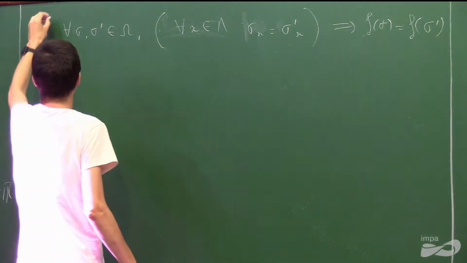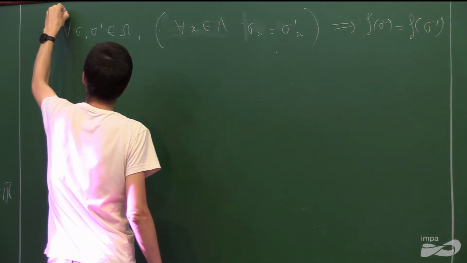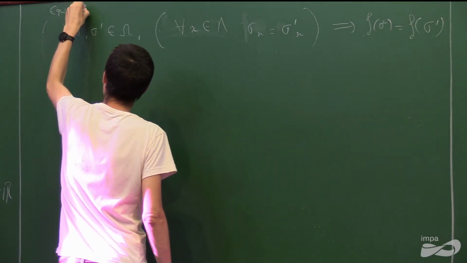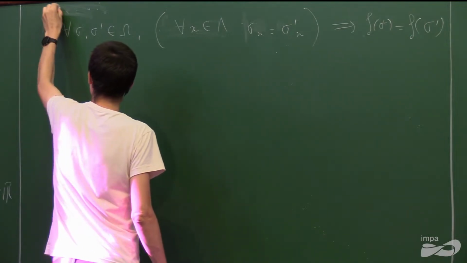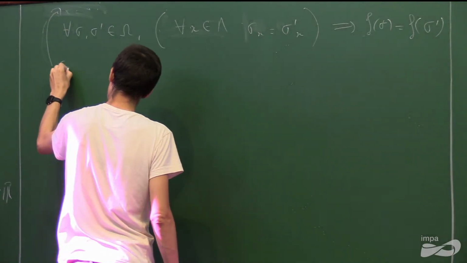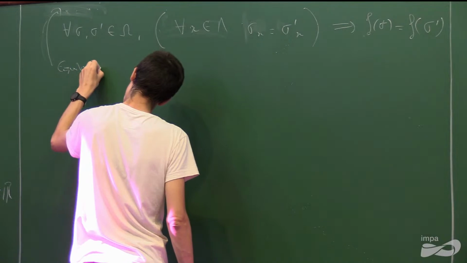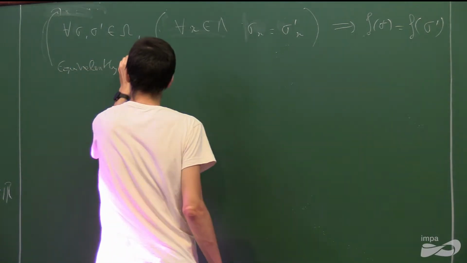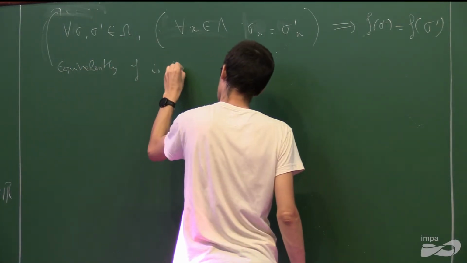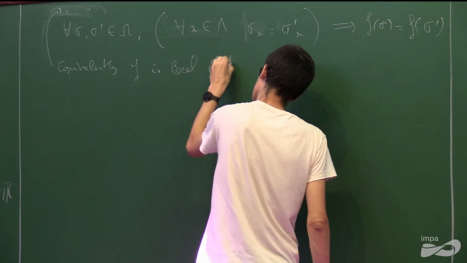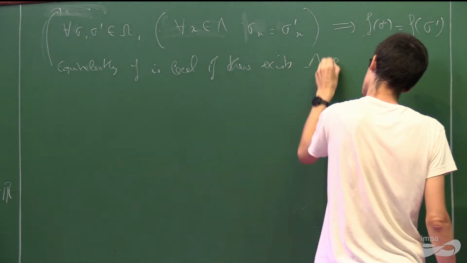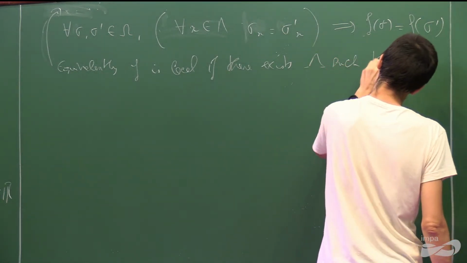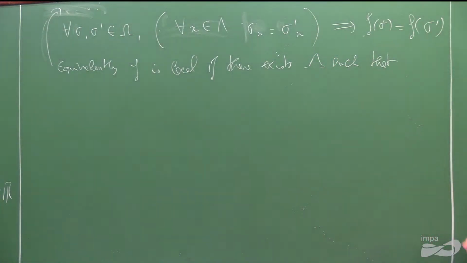Equivalently, f is local if there exists lambda such that this holds.